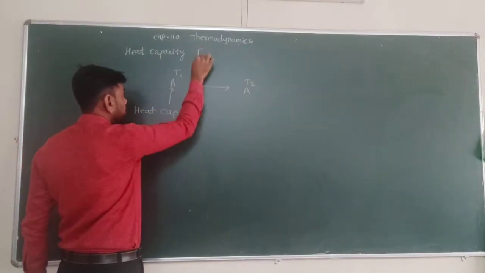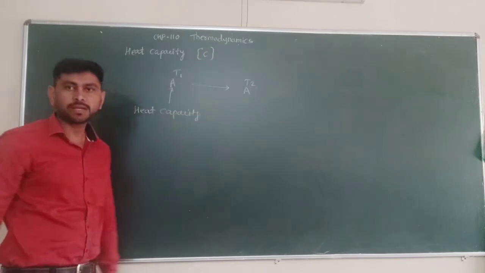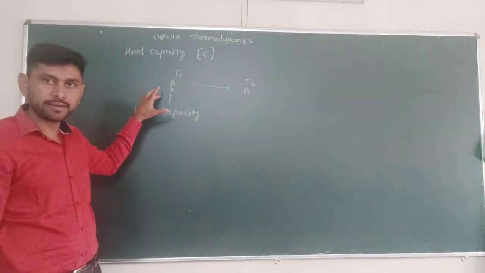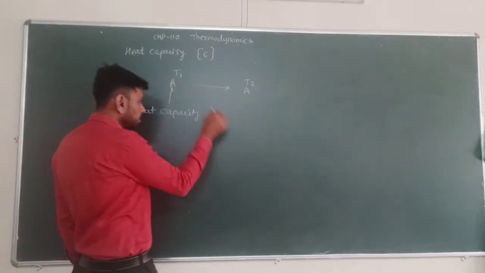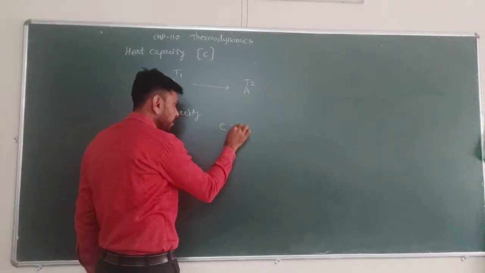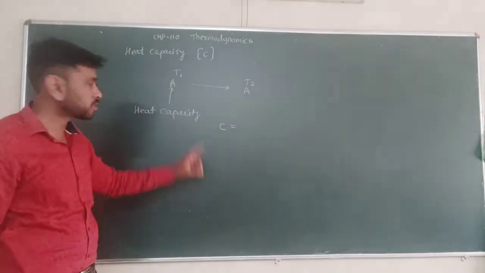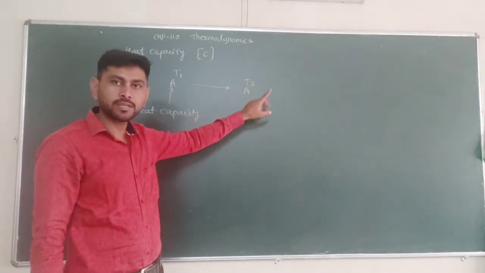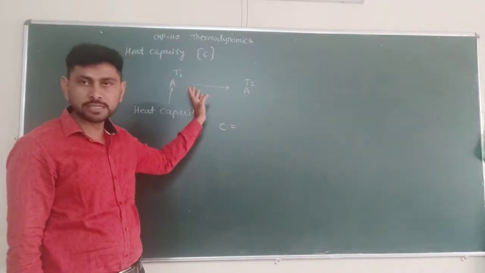It is indicated by the symbol C. Heat capacity is defined as the amount of heat required to raise the temperature of the system from a lower to a higher temperature, divided by the difference of this temperature.